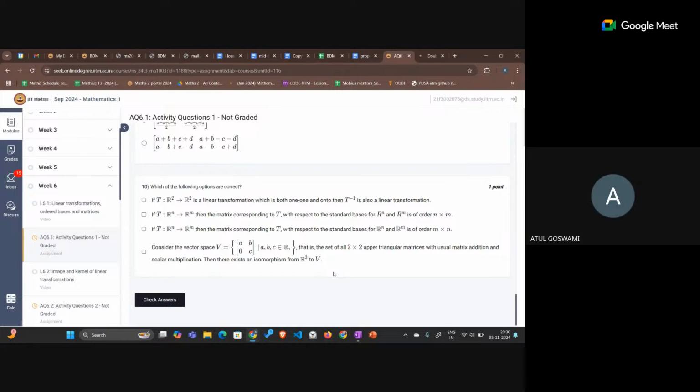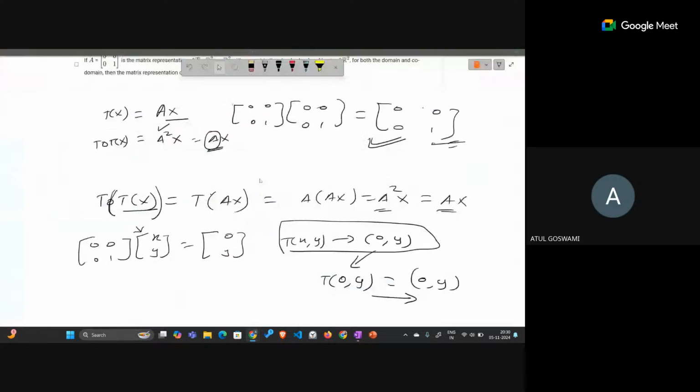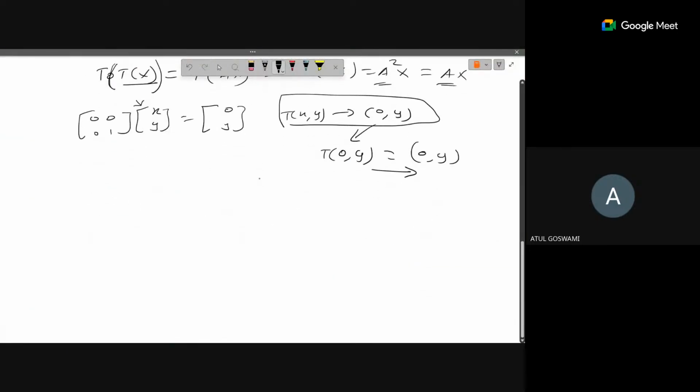So 1-1 means nullity is 0, right? Nullity is 0 means AX equals 0 has a unique solution, and a unique solution means only 0 0 is the solution. That means A is invertible.